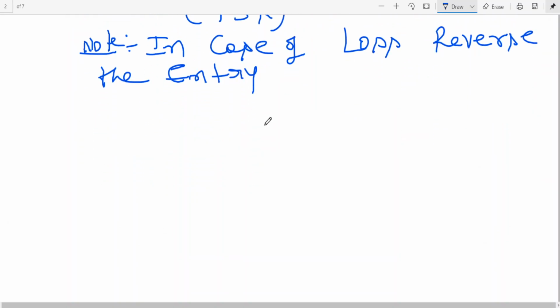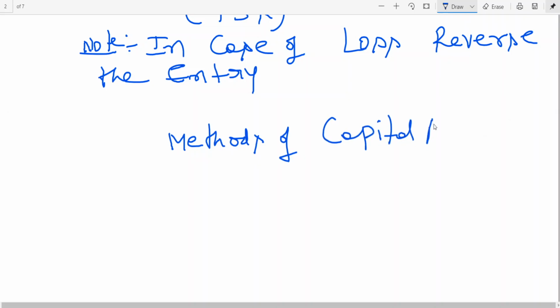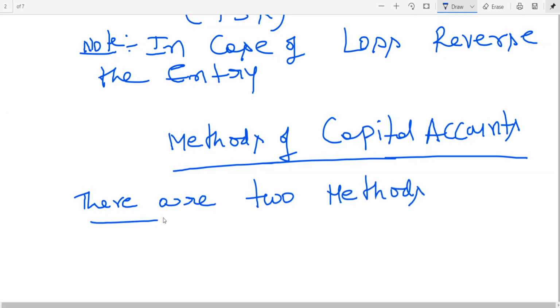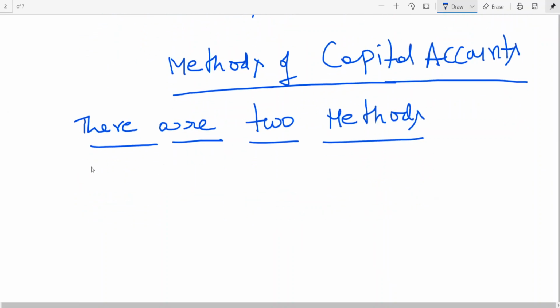Now today's class is about methods of capital accounts. There are two methods.